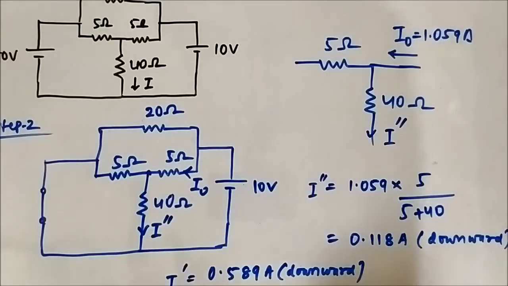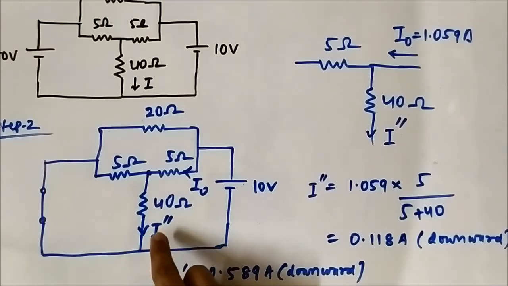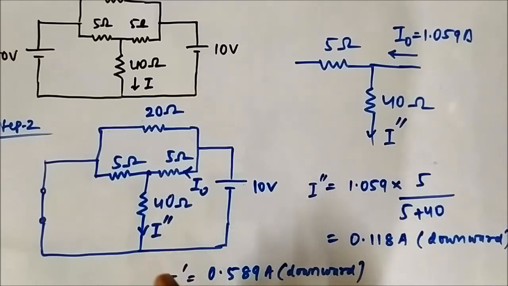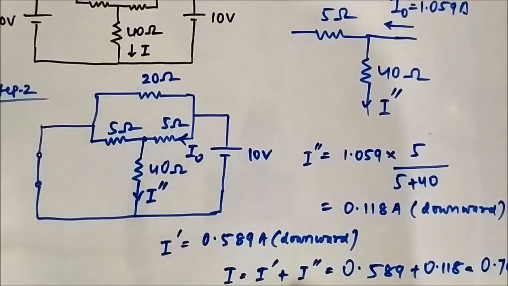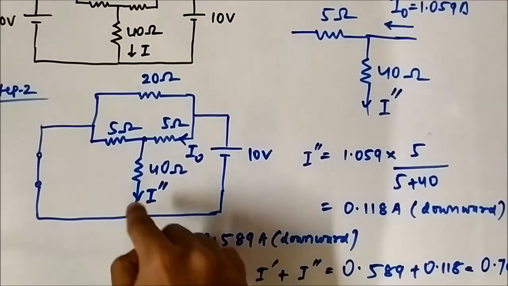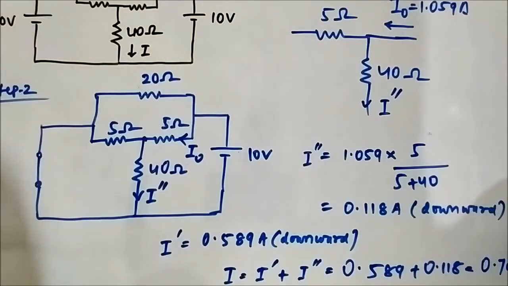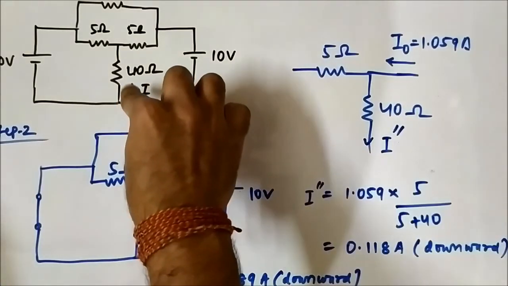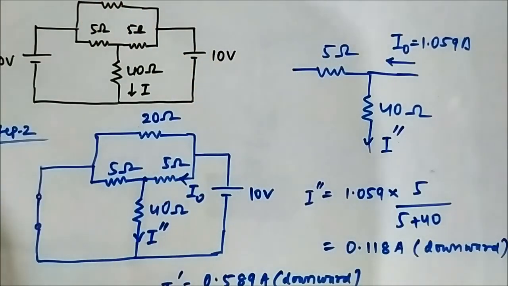Now, if I double dash would have been in the upward direction, we would have taken it in the upward direction, then while calculating the result, it would have been I is equal to I dash minus I double dash, because the upward direction is in opposition with the direction of the current which is being asked in the question.